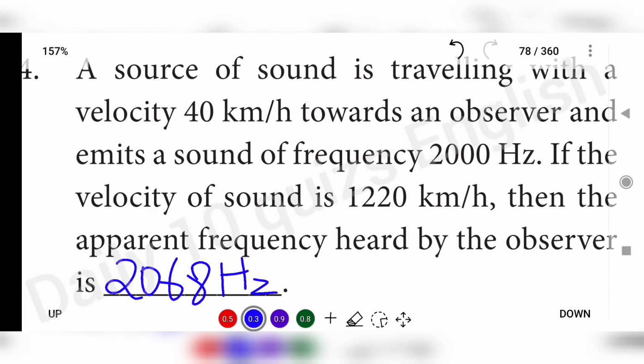If the velocity of sound is 1220 km per hour, then the apparent frequency heard by the observer is dash. Answer, the apparent frequency heard by the observer is 2068 Hz, as the apparent frequency can be calculated by V by V minus Vs into N. So when we substitute the values, we get 2068 Hz.